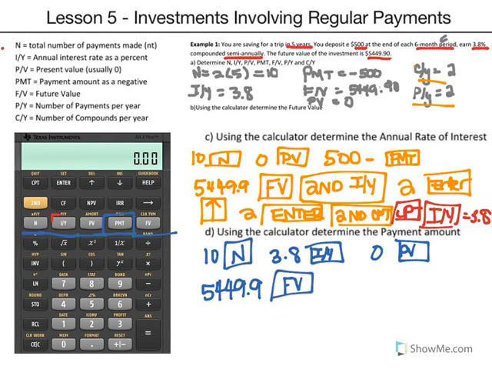Now we want to get IY and PY, or PY and CY, so second function IY. Now we do our PY first, so 2, enter.